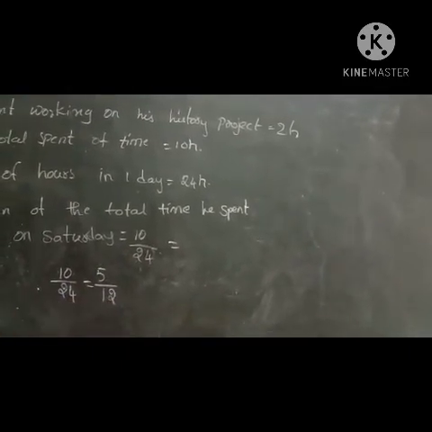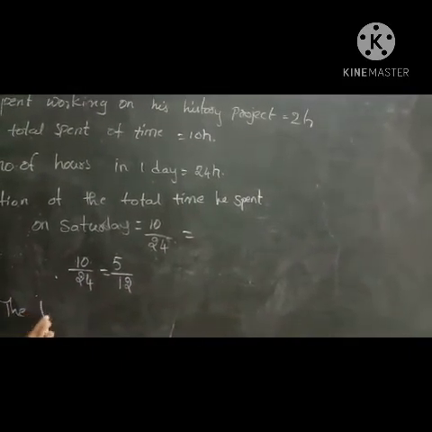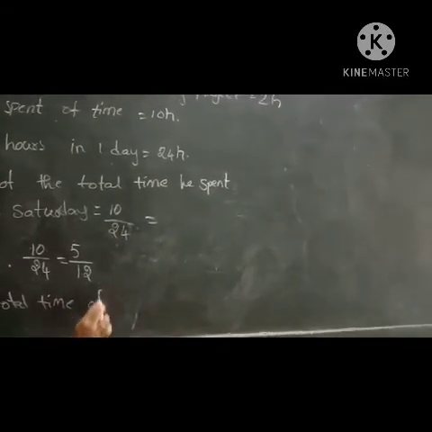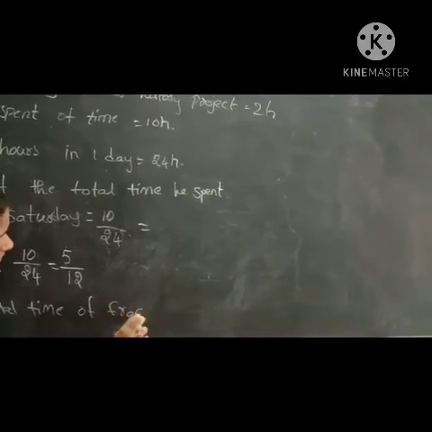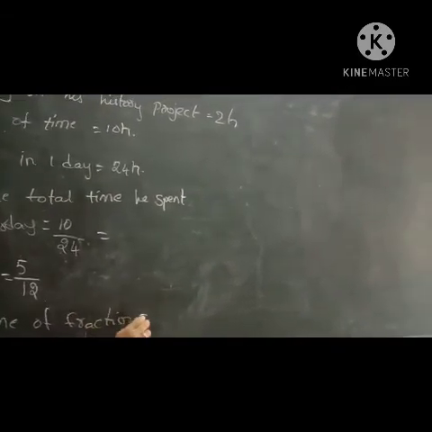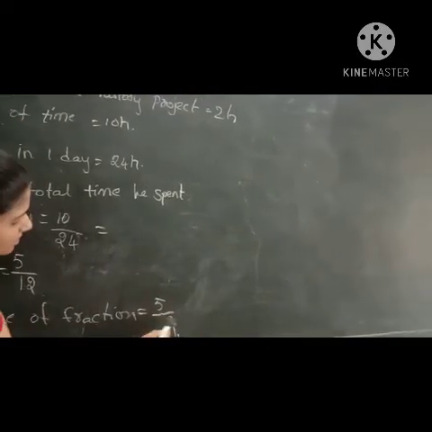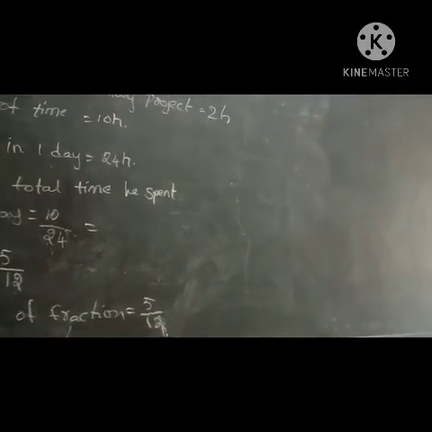The fraction is equal to 5 by 12. 5 by 12 is the total fraction.